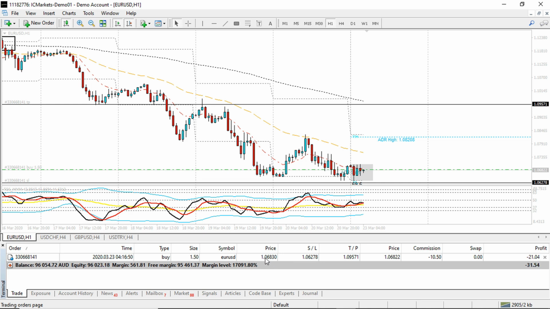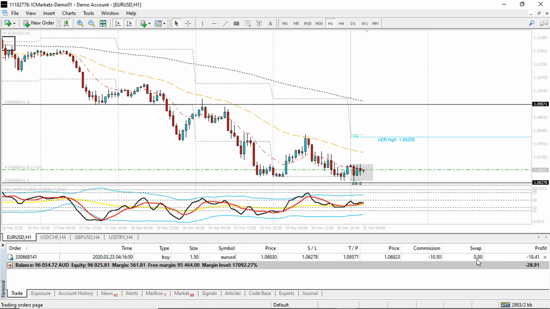Immediately our buy position was filled at 1.06830 with a stop loss of 1.06278, a take profit of 1.09571, and the current market price right now is 1.06824, and in this case our broker charges commissions, no swap, because we haven't held the position overnight yet.